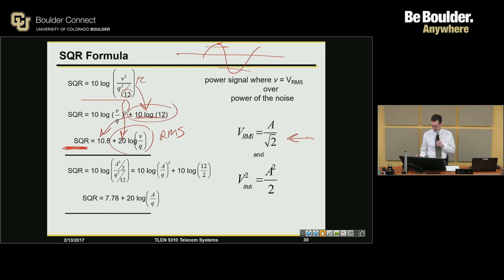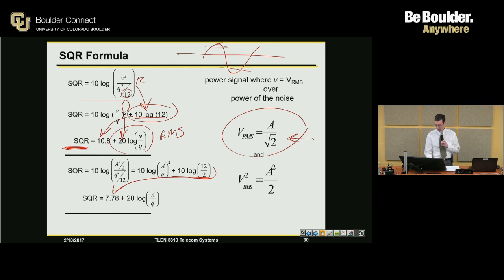So I take this relationship and I solve it again looking at it from the peak voltage instead of the RMS voltage. Then I put those values in, and I come up with this 10 log 12 over 2, and that comes out to 7.78.